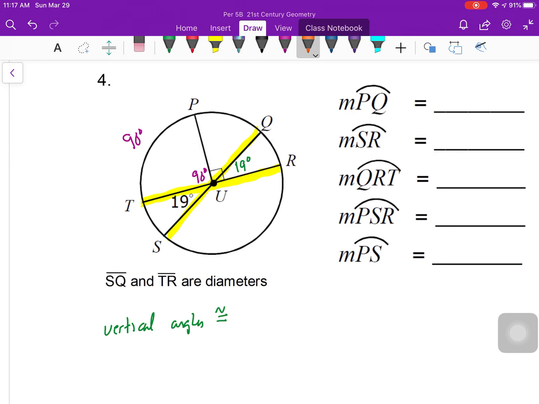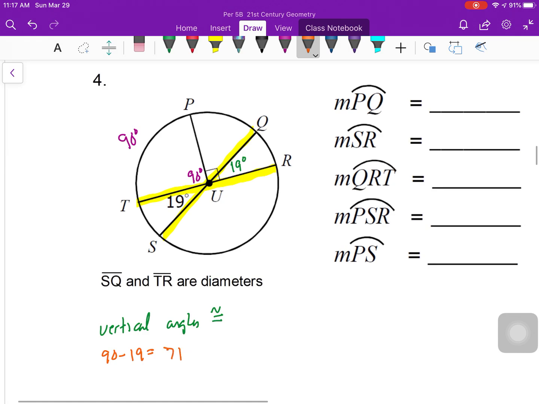Here are our vertical angles again. I can take 90 minus 19, and I get 71. So that means this one up here is 71 degrees.